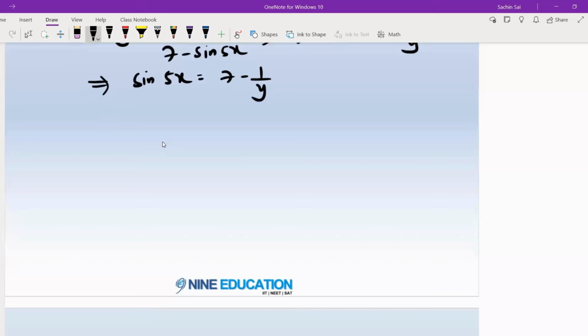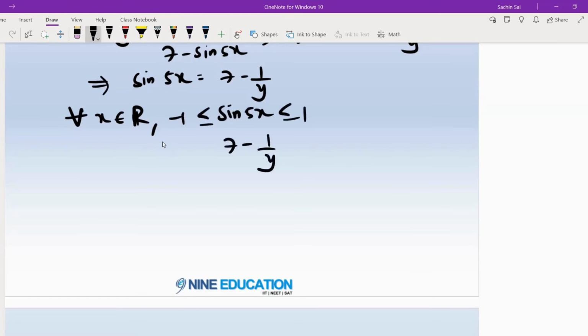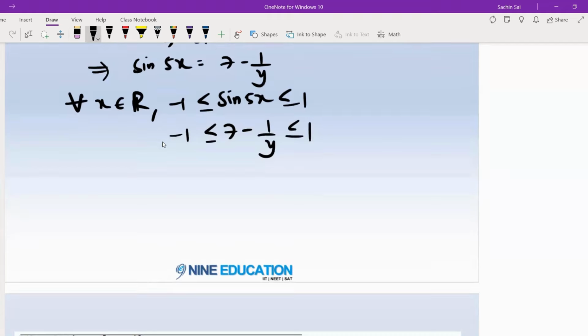Now, what is the range of sine 5x? For all x belongs to R, sine 5x will lie between -1 to 1, which means 7 minus 1 by y lies between -1 to 1.